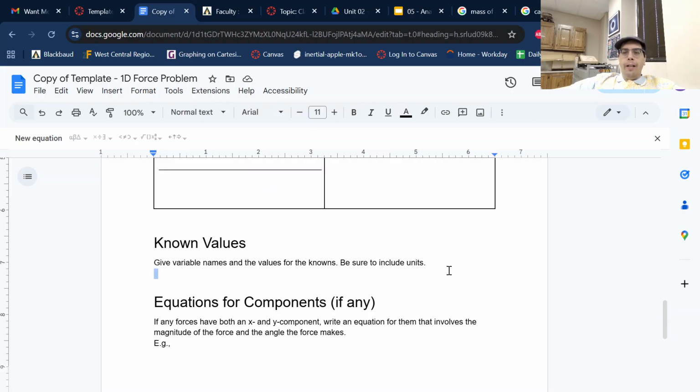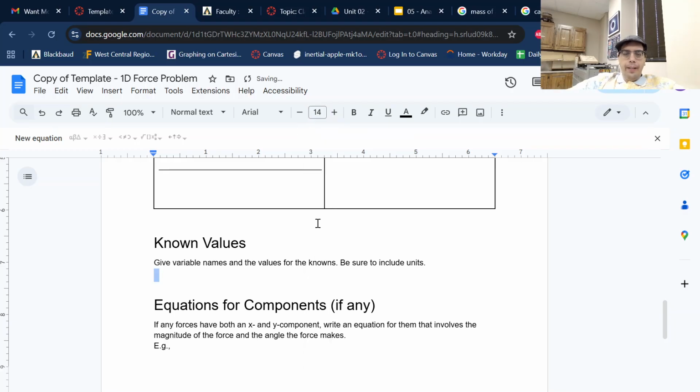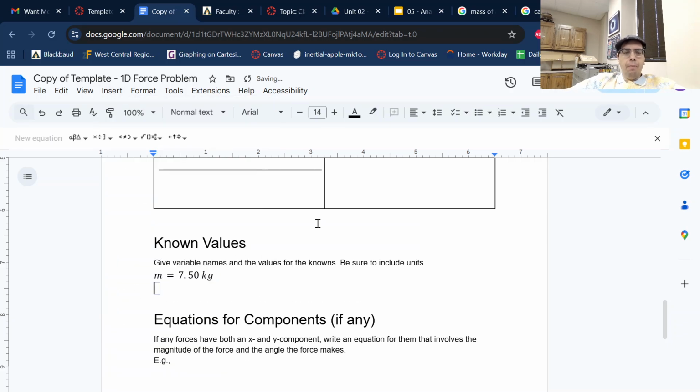So any known values, we'll go ahead and put in our known values here. We know that the mass of the watermelon, I think, was 7.5 kilograms. We said that the stretch of the spring, I think, was 13.5 centimeters. Do I need to convert any units for any of these?